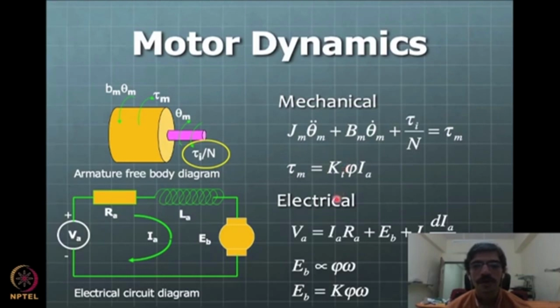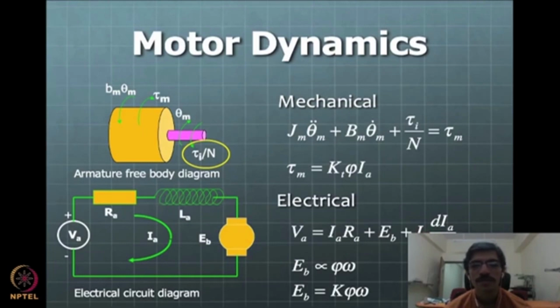And in the electrical domain, the voltage that is applied to the motor is consumed in the resistive losses IR, then the back EMF, and then in the inductance of the motor.